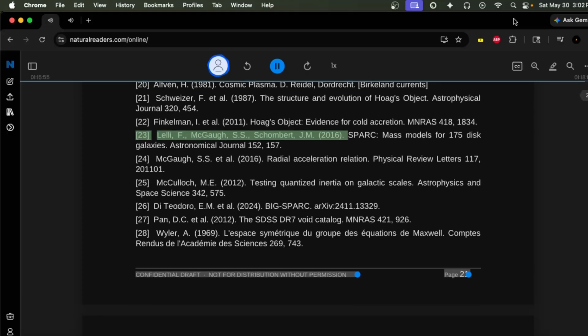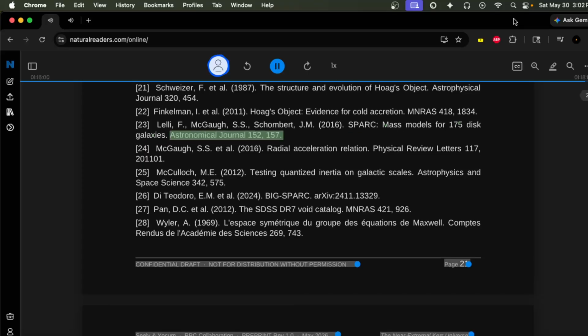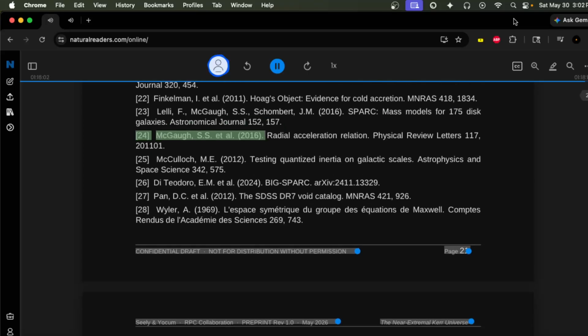Lelli, F., McGaugh, S.S., Schombert, J.M. SPARC. Mass Models for 175 Disk Galaxies. Astronomical Journal 152, 157. McGaugh, S.S. et al. Radial Acceleration Relation. Physical Review Letters 117, 201101.